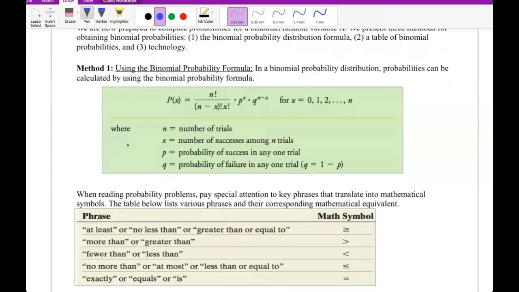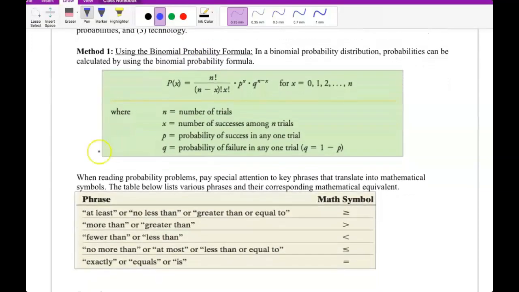The first method is without using a calculator. We have this formula for this part. Here n is exactly the same as on the previous page, the number of trials, x is the number of successes, p is the probability of success, and q is the probability of failure. This is the probability of the number of successes among n trials, and here is n factorial.